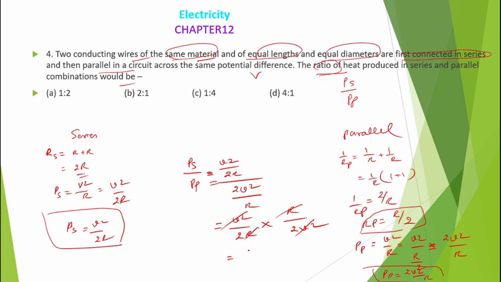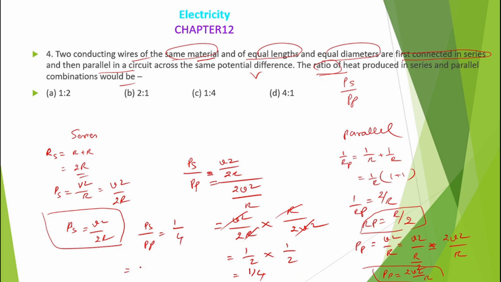What is left there? So here 1 divided by 2 into 1 divided by 2. So that is equal to 1 by 4. So PS by PP is equal to 1 by 4.